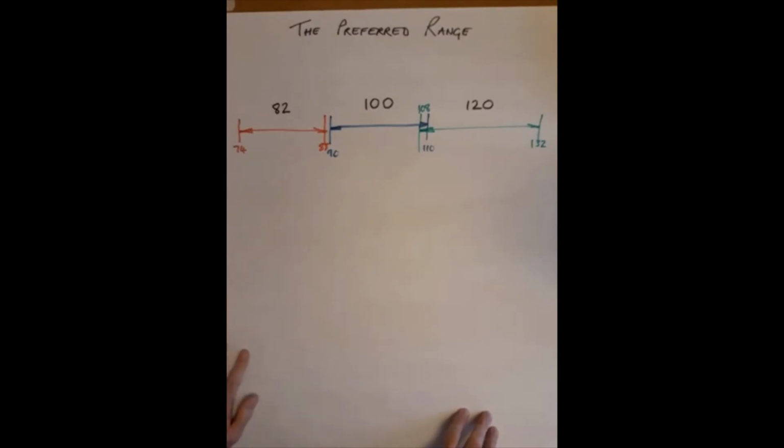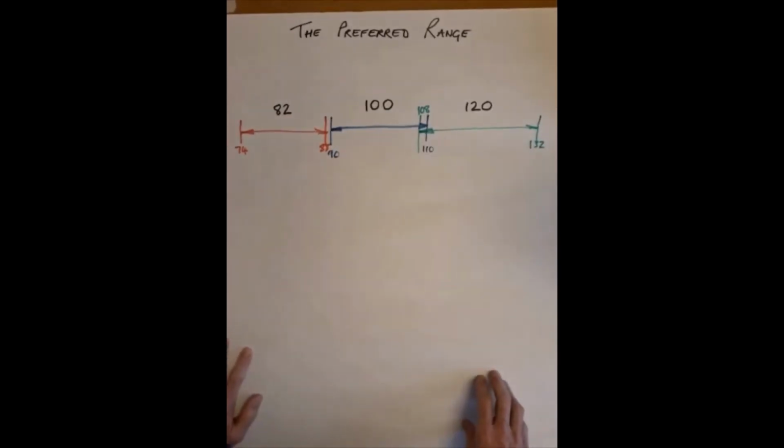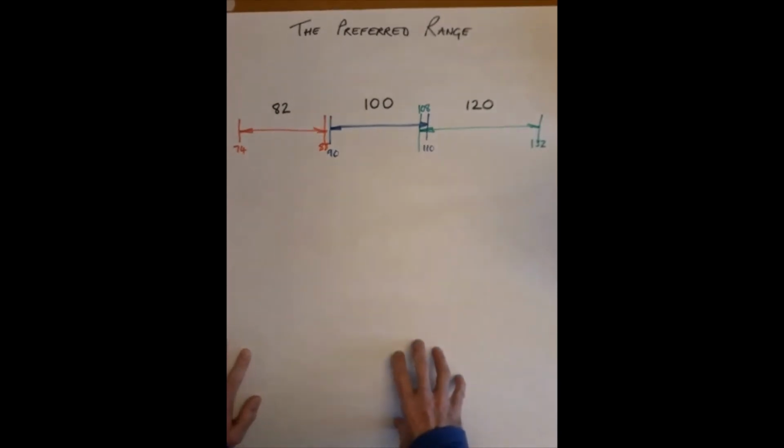And if you look at the table on your handout, the 20% range is called E6. That means there are only 6 available values: 10, 15, 22, 33, 47 and 68. If you go to the next one down, the 10% range, they are E12 because there are 12 resistors in the range.